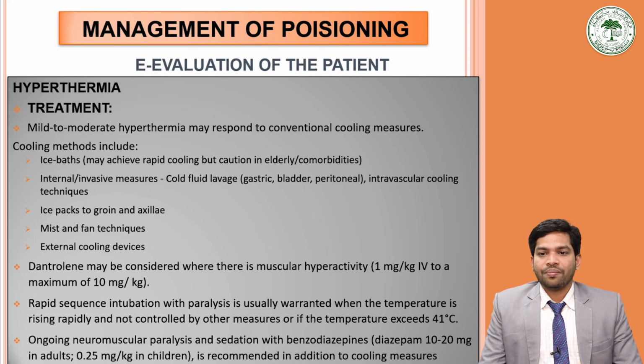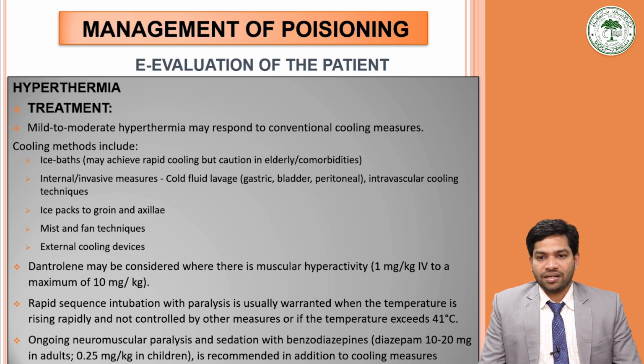Cooling methods may include ice baths that may achieve rapid cooling but are cautiously used in elderly and comorbid patients. Internal or invasive measures are cold fluid lavage, gastric lavage, bladder lavage or peritoneal lavage, intravascular cooling techniques, ice packs applied to the groin and axilla, mist and fan techniques, and external cooling devices may also be used.